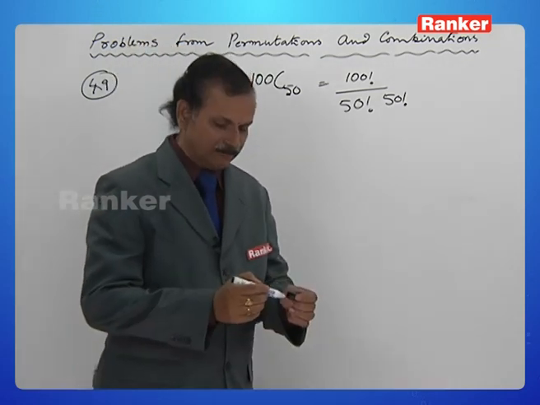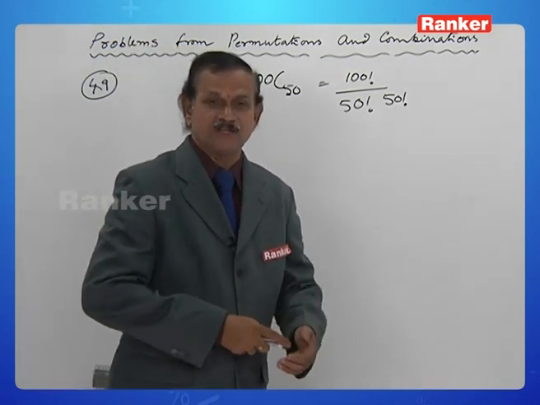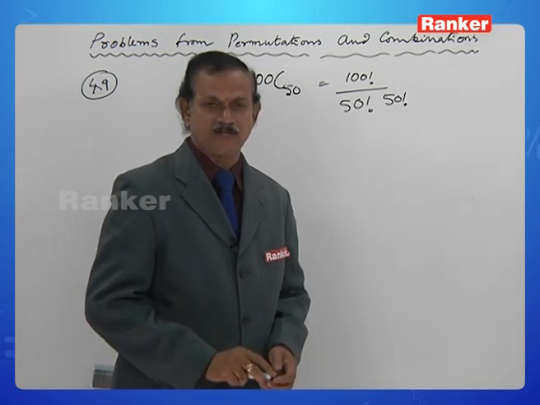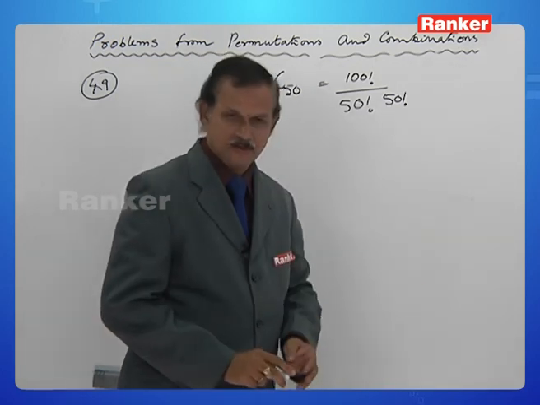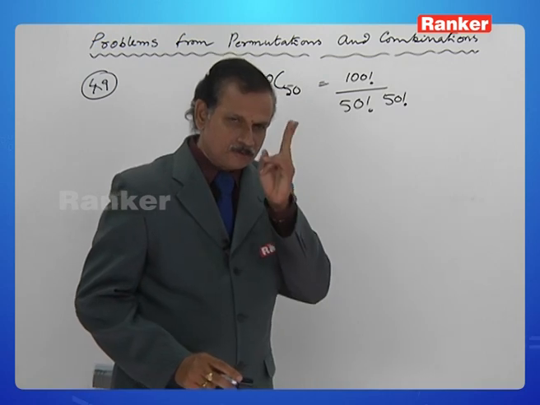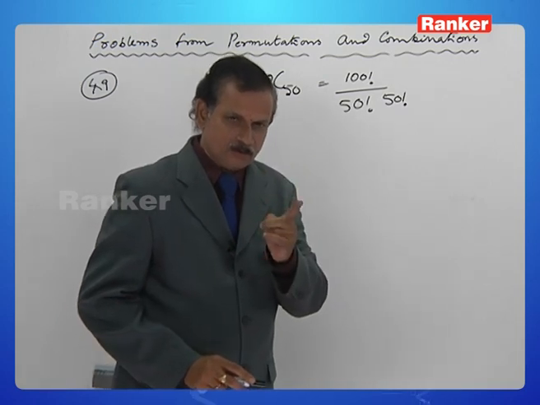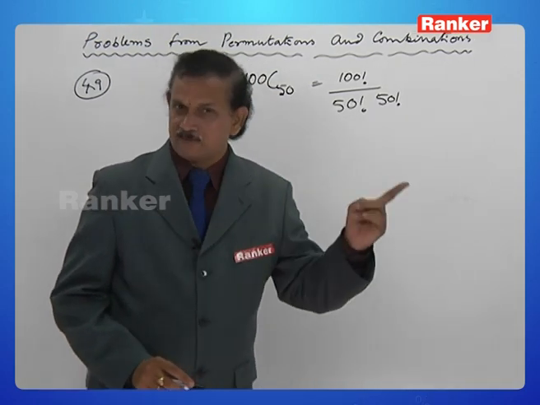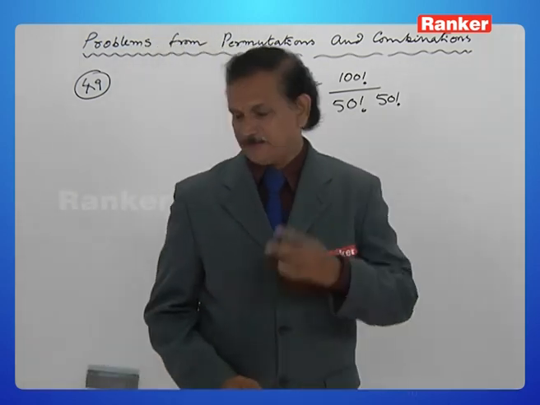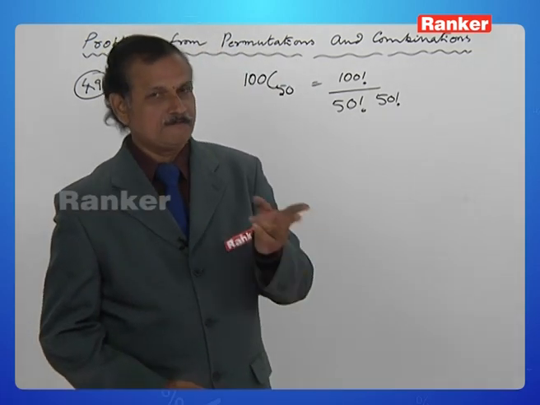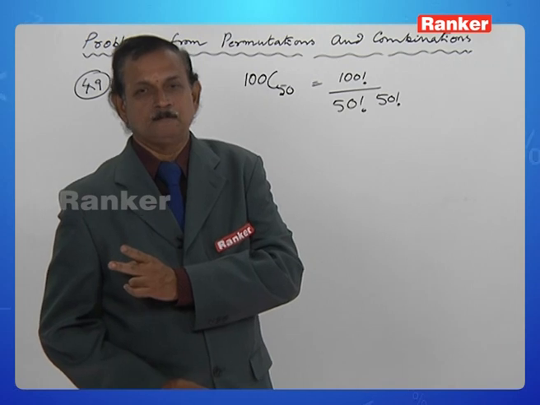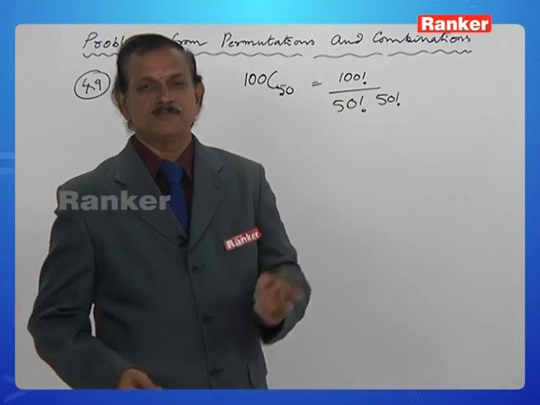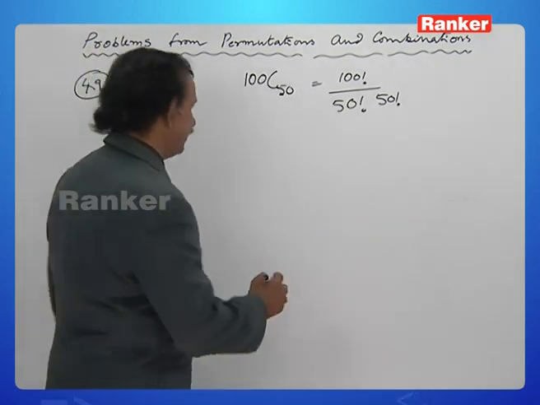You want to have the largest exponent of 7, or simply the exponent of 7 in this expression. You have to do two things. First of all, find the exponent of 7 in 100 factorial, and then find the exponent of 7 in 50 factorial. What happens? Let us see.